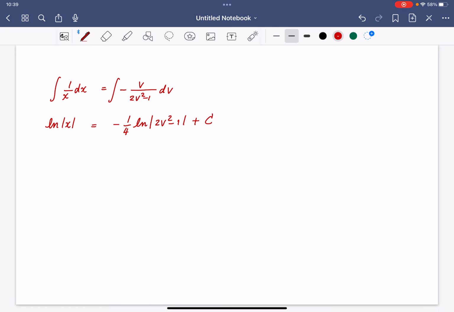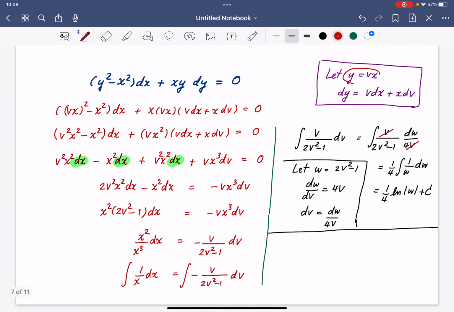This is actually the general solution already. But your v is actually y over x, because you let y equal to vx at first, so v is y over x.